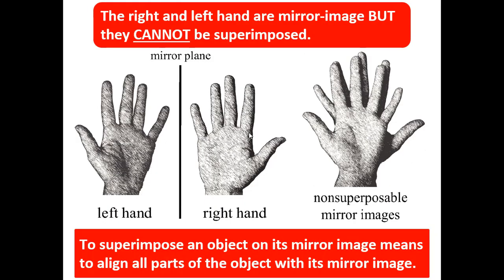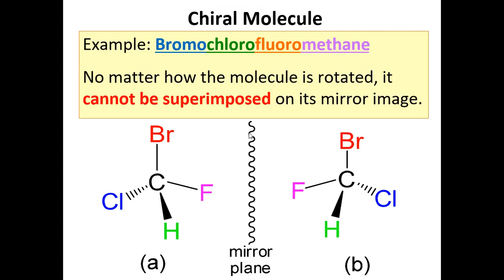The right and left hand cannot be superimposed, or we call it a non-superimposable mirror image. So it is a chiral compound.